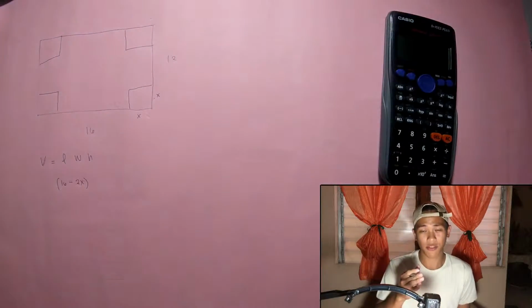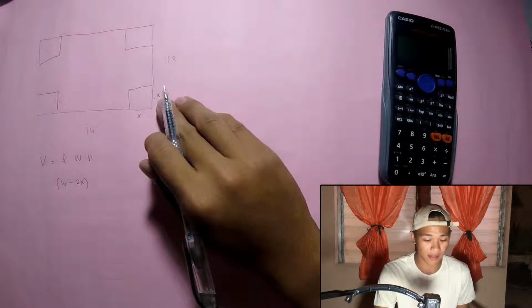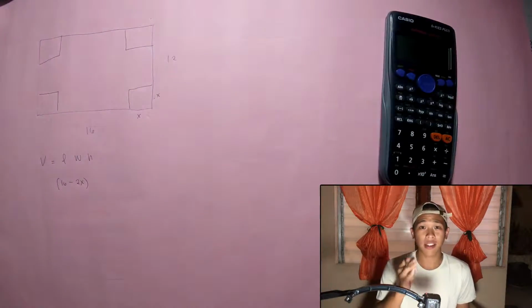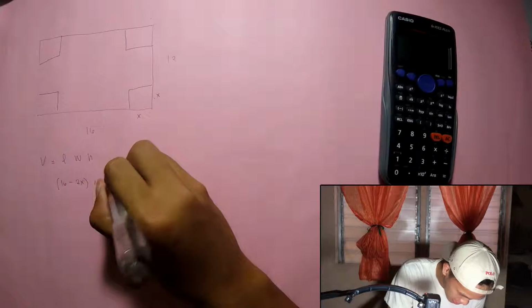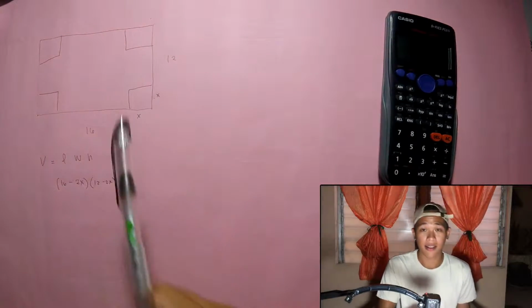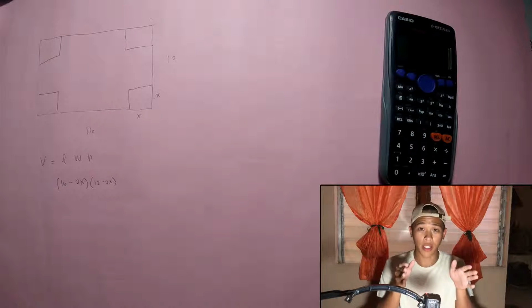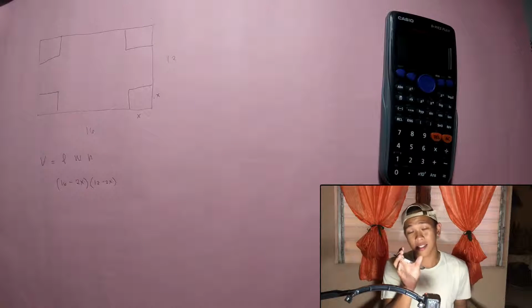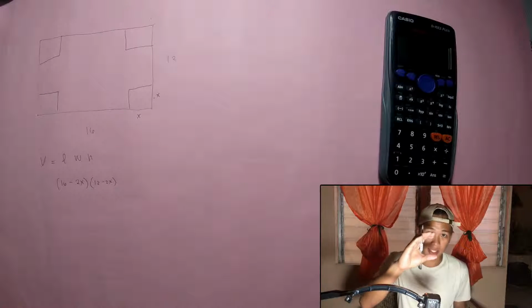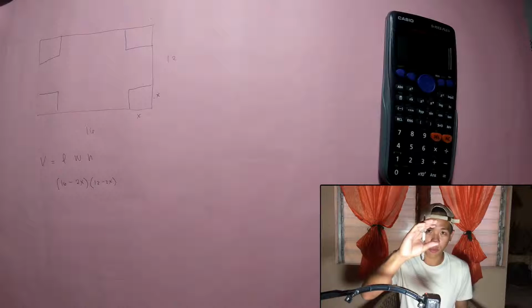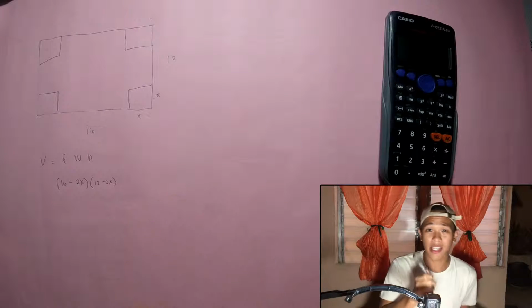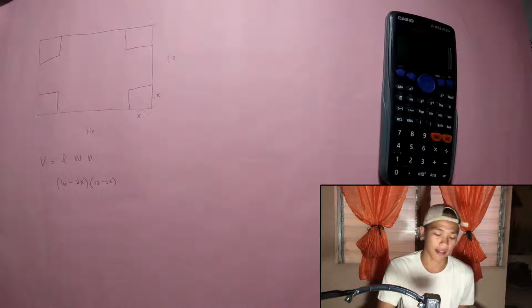And since same story, since we will be cutting out X from both sides, we will write 2X. So we have 12 minus 2X. And since this cardboard sheet will be folded upwards, meaning that the X that will be cut out will also become the side. Since it is coming from down and then will be folded upwards, it will become the height. So meaning our height over here is X.